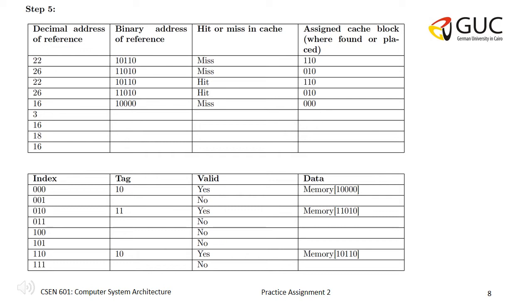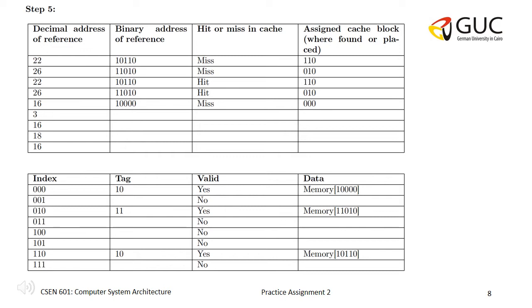We will find that the valid bit is no, so that means there is no data in the block. So the data we want is not here, which means this is considered a miss, as appears in the table above.